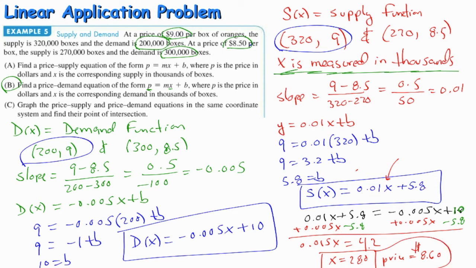And we get a price of $8.60. Knowing this information helps us to set up a reasonable graphing plane for our equations.